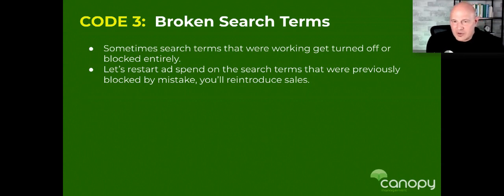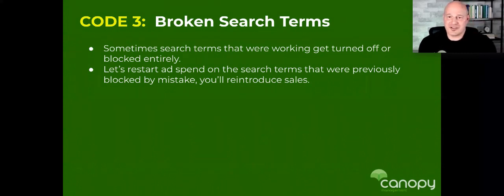And the mistake, of course, is that Amazon commingles or interchanges the singular and plural forms of search terms, meaning maybe if you had blue suede shoes, the plural, that one is actually converting quite well. And when you tried to block the singular version because it wasn't converting, you also blocked the plural version of that, the one that was converting.